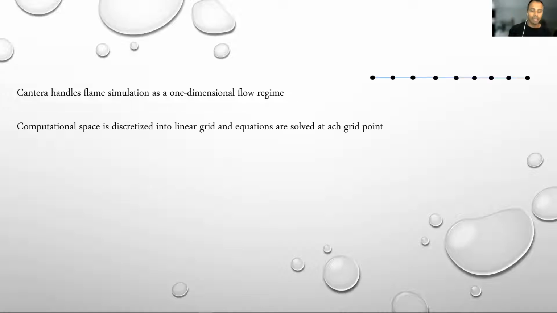What that means is that when you start a flame simulation in Cantera, the first step is to generate a grid, a one-dimensional grid, as you can see on the screen. And there will be two endpoints, which will define the domain of the grid. And then this entire grid will be further discretized into several other points.